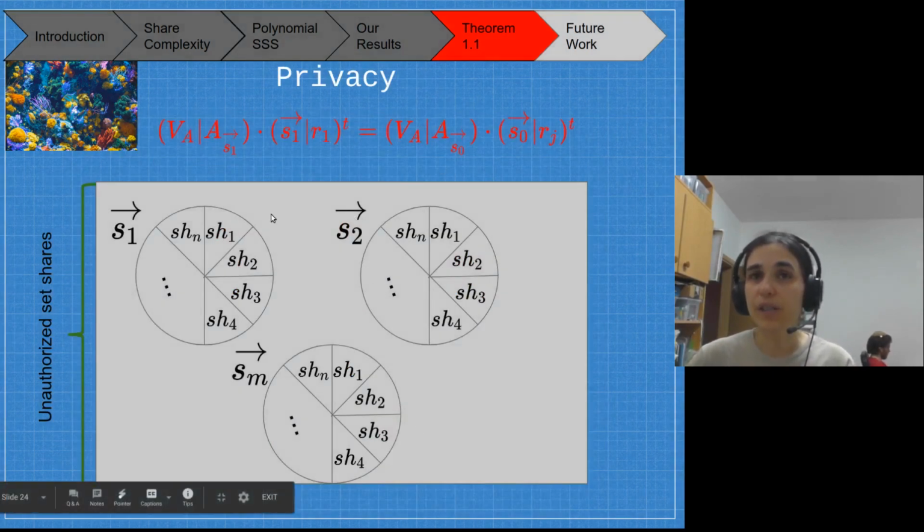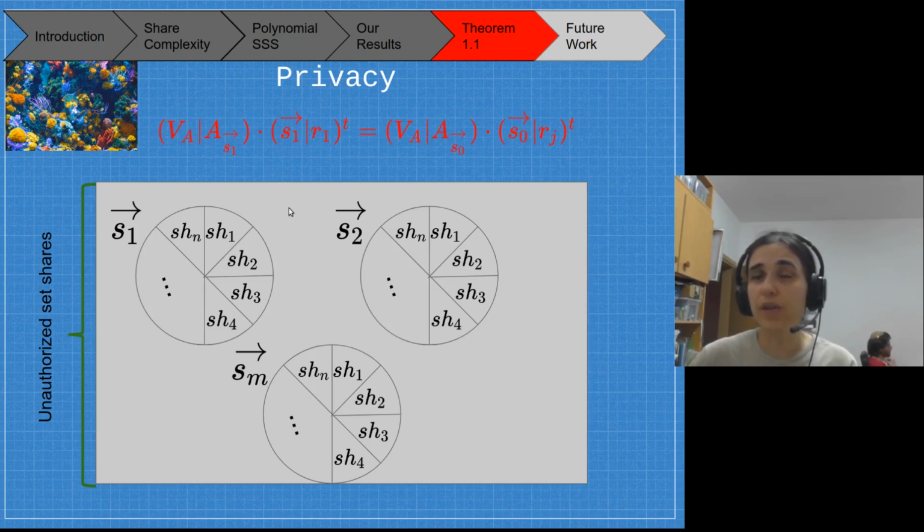So privacy tells us that for any unauthorized set of parties, the output distributions of the shares that are seen for different secrets are the same. In particular, that implies that for that S1, note it's the same S1, and any S0, and any choice of R1, let's do it the other way. For every choice of this Rj, we have a choice of R1 such that this equality holds, right?